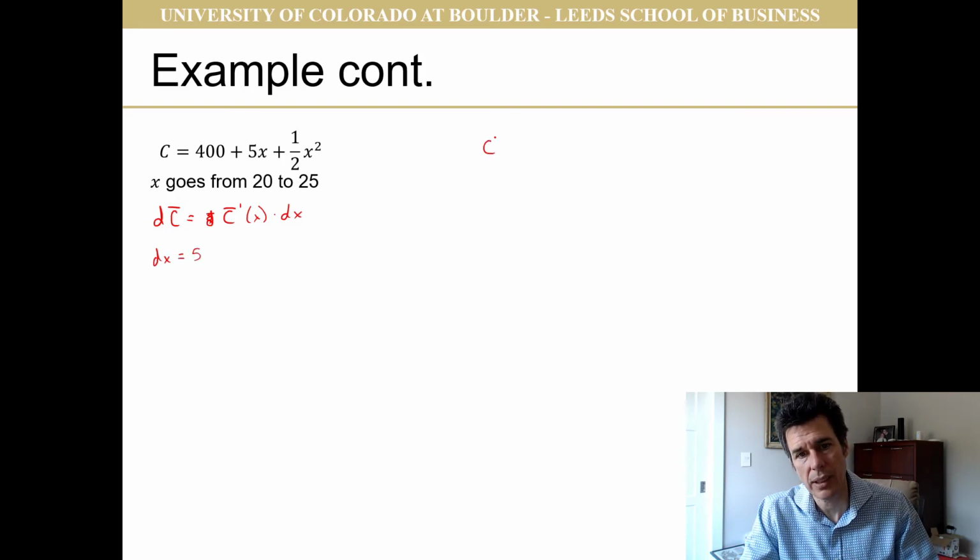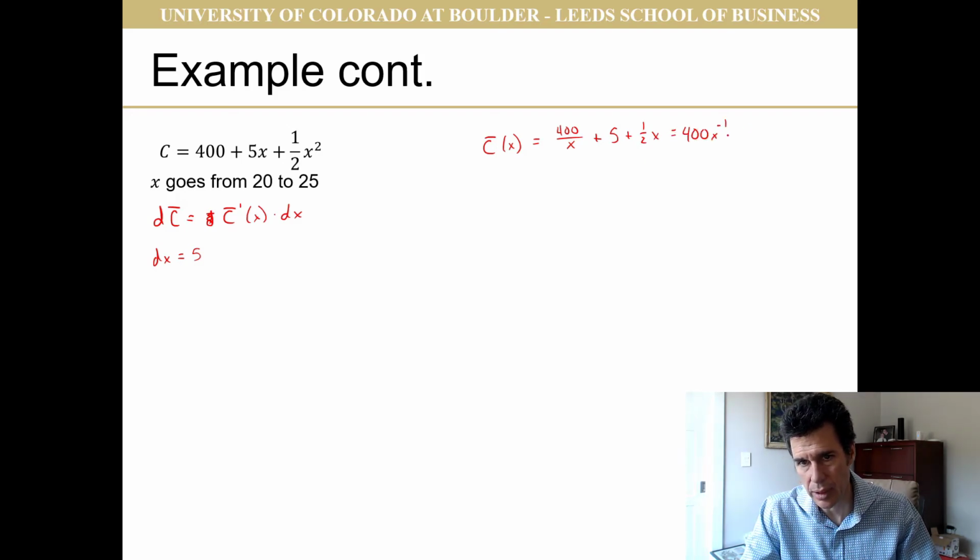Okay, so C bar, the average cost, is simply the cost divided by x. So 400 divided by x plus 5 plus 1/2 x. I'm just going to rewrite this as 400 x to the minus 1 plus 5 plus 1/2 x. This is my function. I divided cost by x to get the average cost.